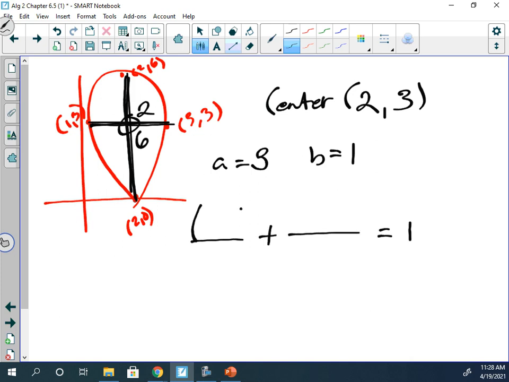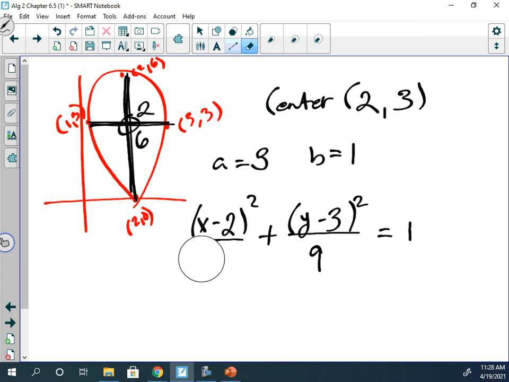Now this time we will have x minus 2 and y minus 3, because h and k in the equation is the center. Now, since it's longer along the y, our value of a would go with the y, and 3 squared would be 9, and 1 squared would be 1.